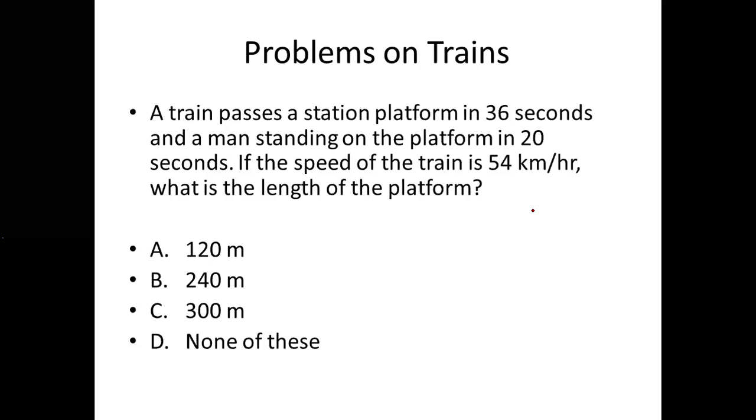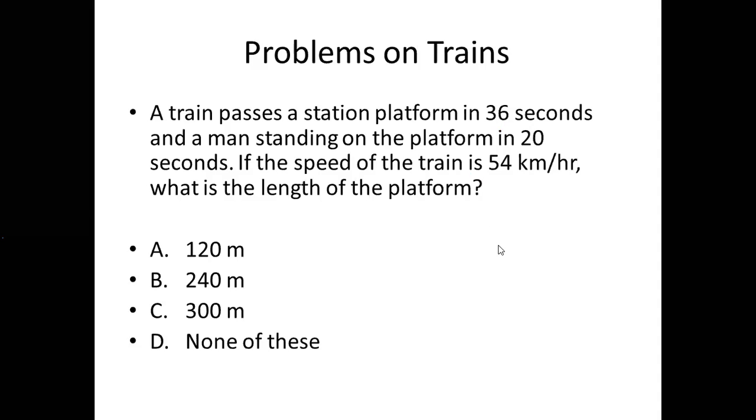Don't hesitate. Yes, anyone. So a train passes a platform in 36 seconds and a man standing on the platform in 20 seconds. If the speed of the train is 54 km per hour, what is the length of the platform?